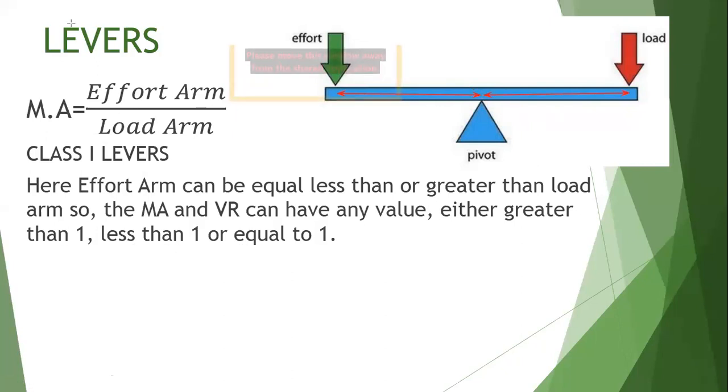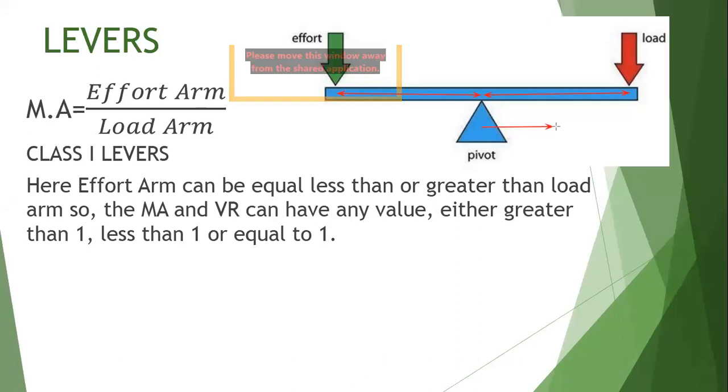We have an option where the fulcrum is in the middle, and that's why the effort arm and load arm are the same. But the same fulcrum can be shifted towards the left or towards the right.